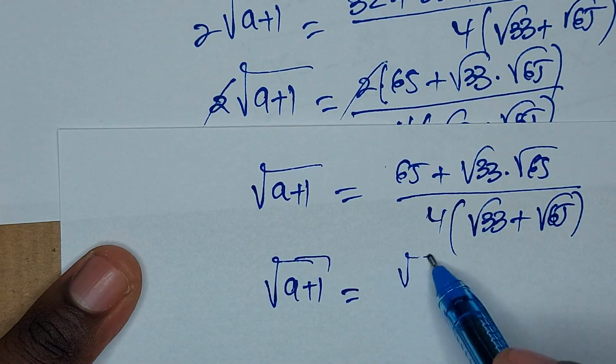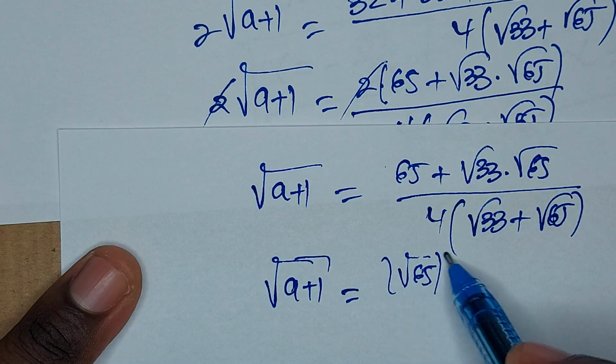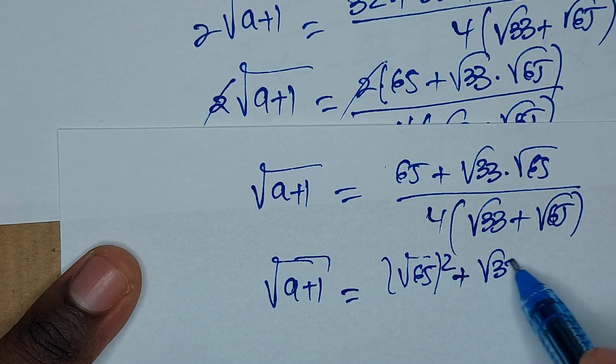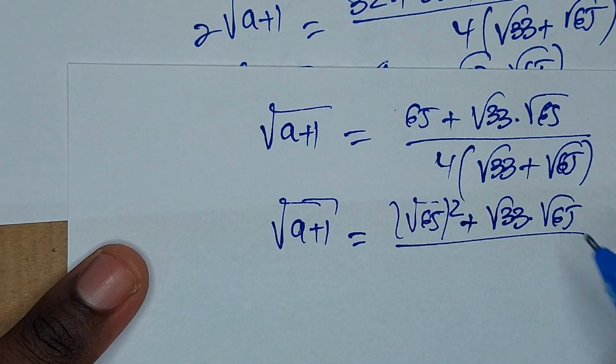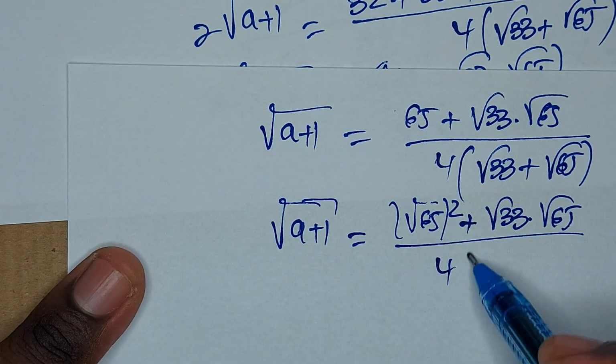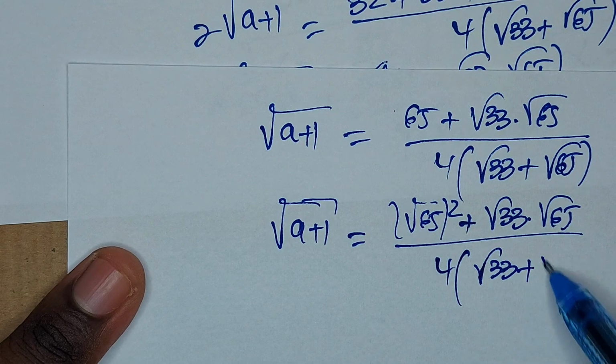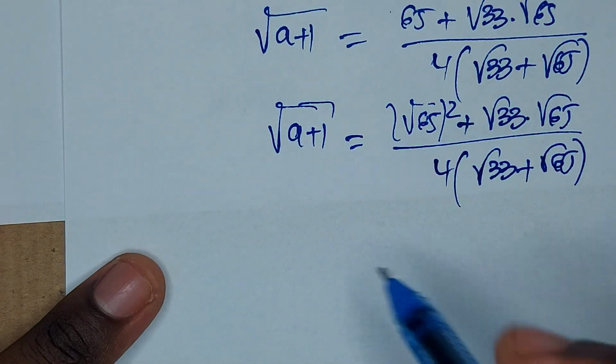65, guys, is square root of 65 squared plus square root of 33 times square root of 65, and then this is divided by 4, which multiplies square root of 33 plus square root of 65.